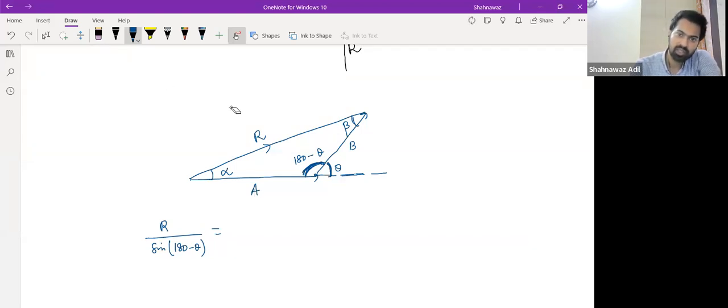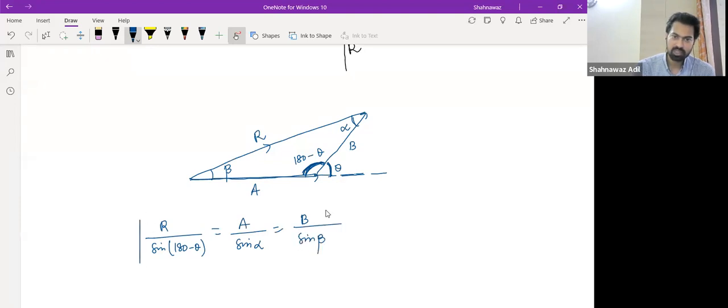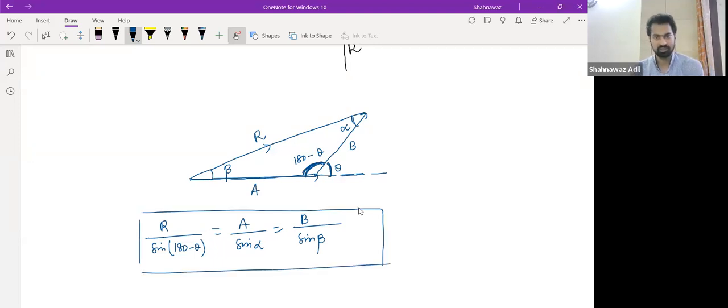Let me write this as alpha and this as beta. Opposite to A is alpha, so A by sine alpha. And then opposite to B is beta. So this is Lami's theorem in context to our resultant of two vectors. Okay, is that clear, guys?